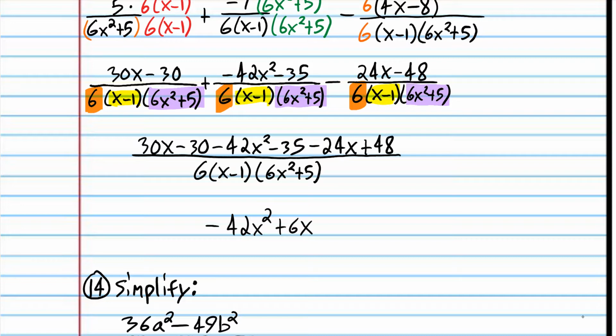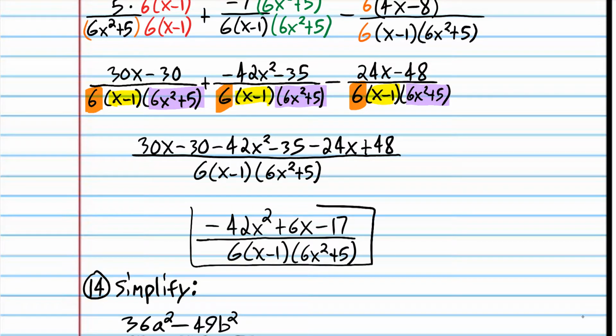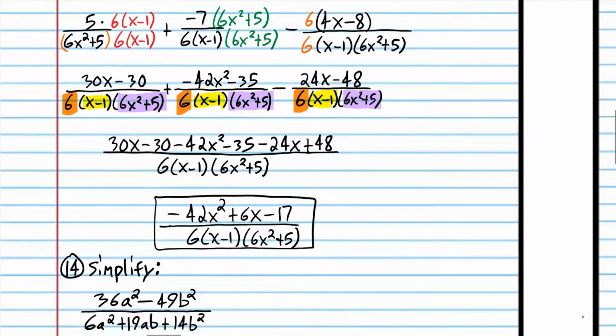And negative 30 plus negative 35 is negative 65. Negative 65 plus 48, that's negative 17. And then we just rewrite the denominator. So if you got that one right, that was very good. That one was kind of a doozy.